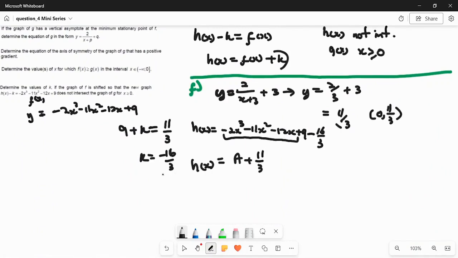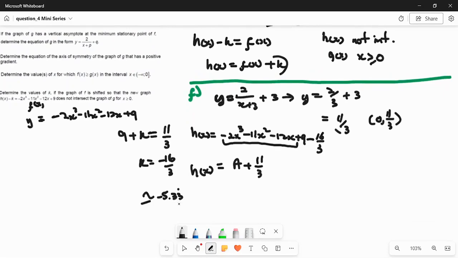So that means our value of k has to be less than that. Let me get an approximation of negative 16 divided by 3. It is approximately negative 5.3, 0.3 recurring.